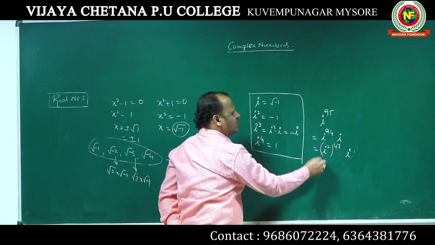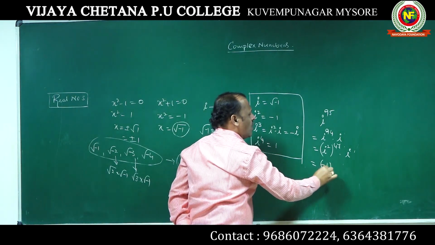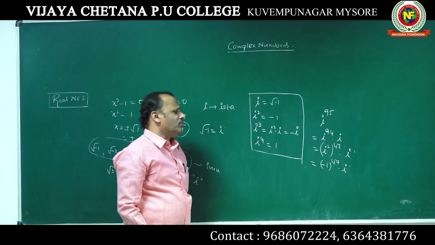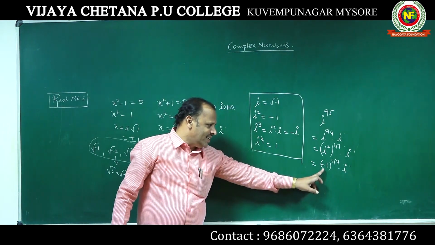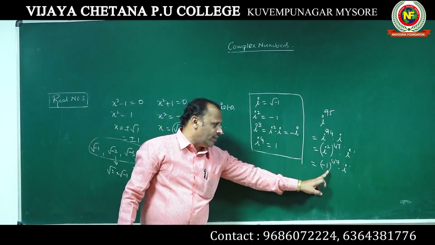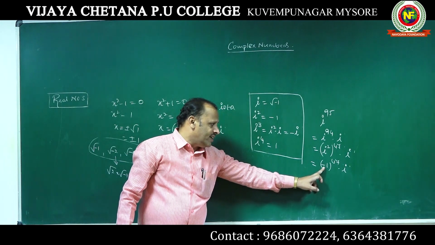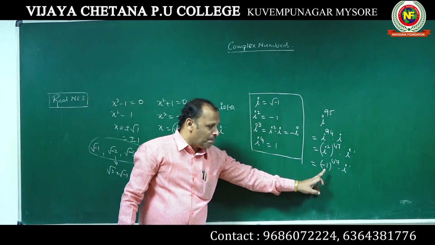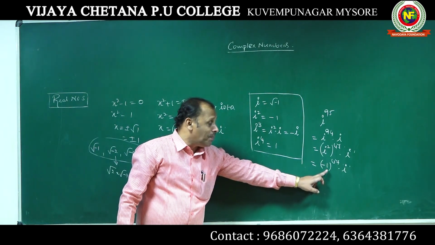Now i square is minus 1, so minus 1 to the power 47 into i. Listen to me. Minus 1 to the power even number becomes plus, and minus 1 to the power odd number becomes minus. Now it is minus 1.